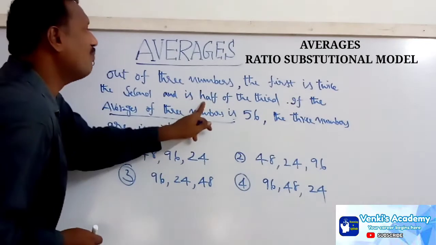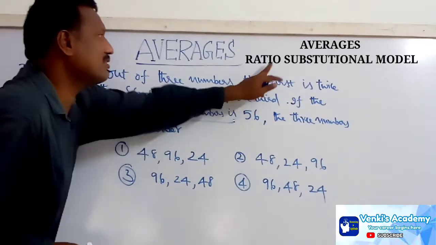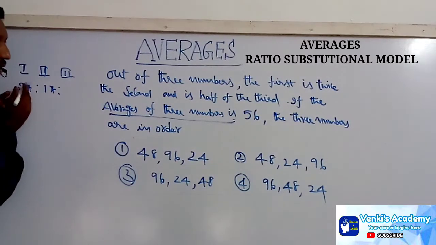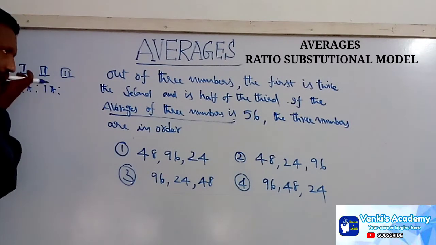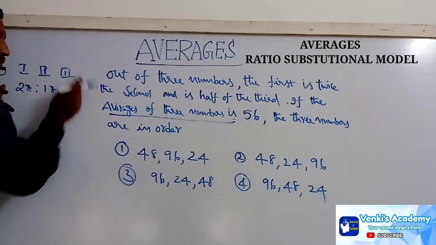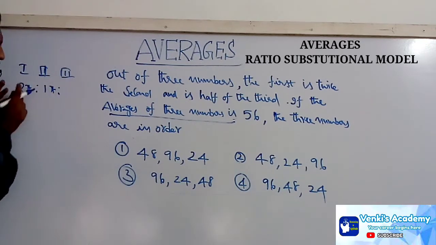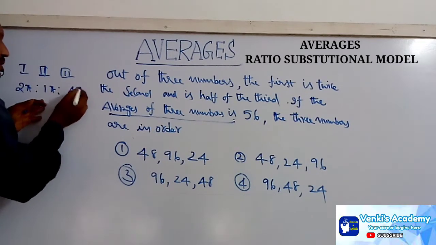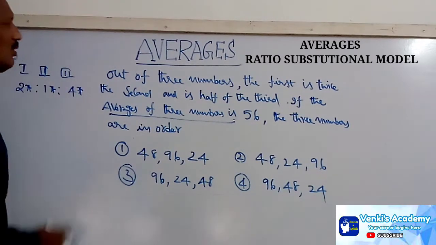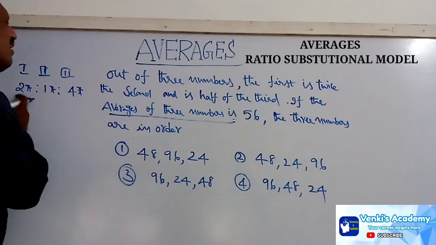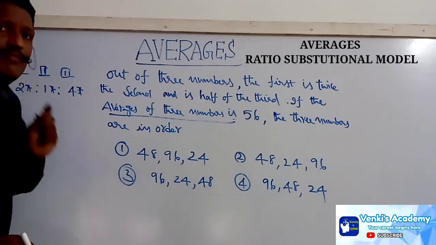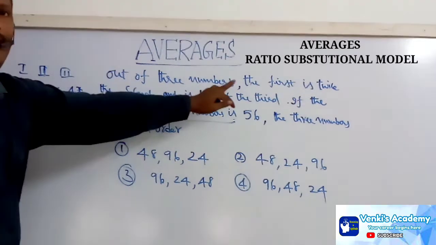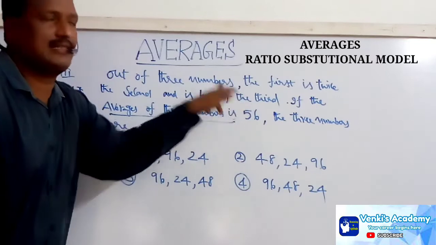The first number is a half of the third, so this first number is half when compared to the third number. Half value is 2, so full value means 4. So the third number we can take as 4 parts, that means 4x. 4 parts, 1 part, 2 parts, or in terms of variables, 2x, 1x, 4x. Okay, now we consider this first statement.